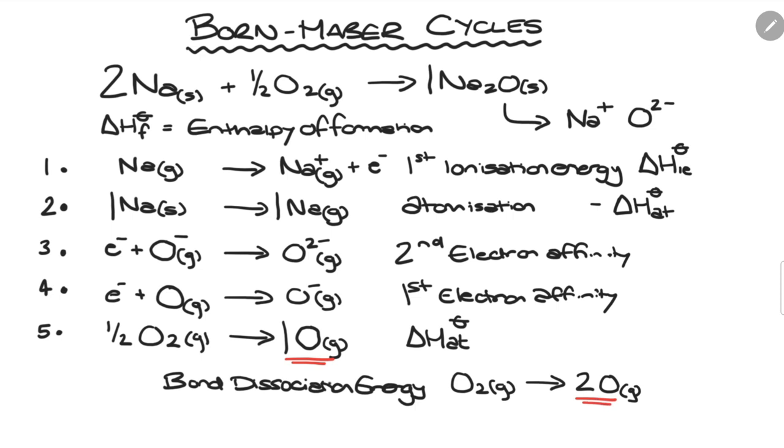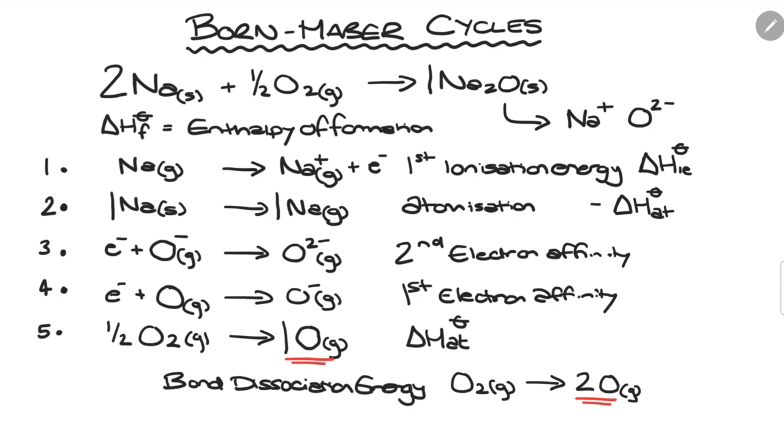And so you may see in some situations that a question gives you either the delta H AT, the atomization energy, or it gives you the bond dissociation energy. And when we start to draw the cycles, you sometimes have to either half or double a value depending on which one you've got.